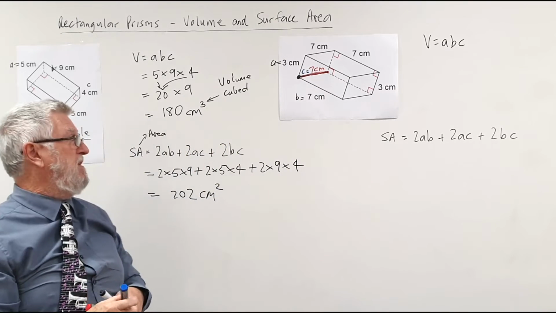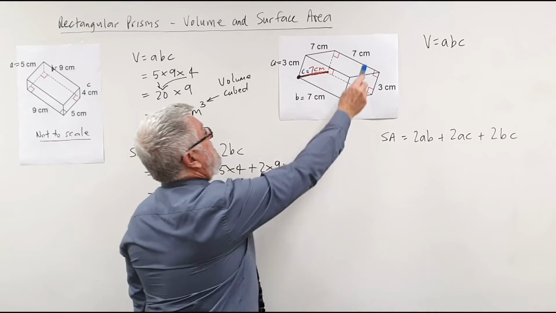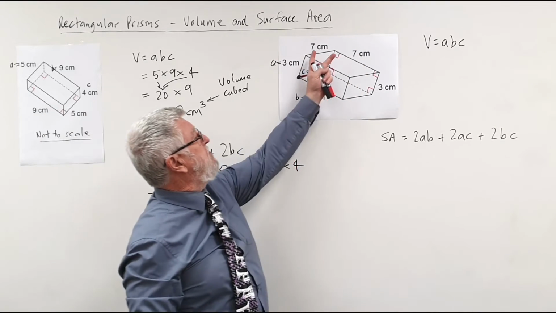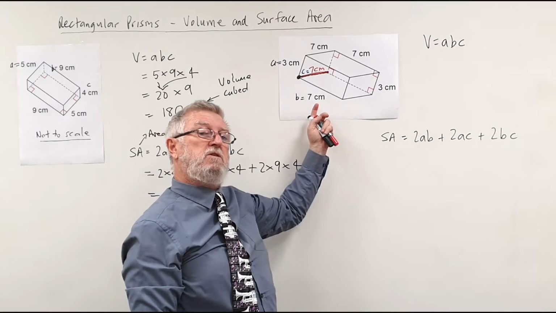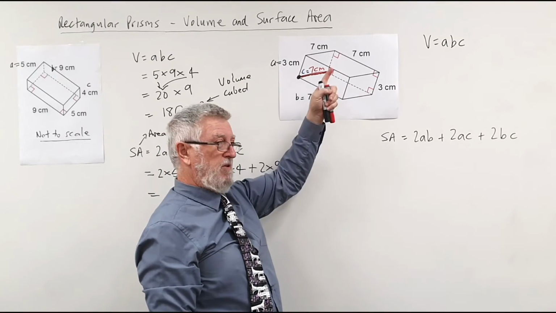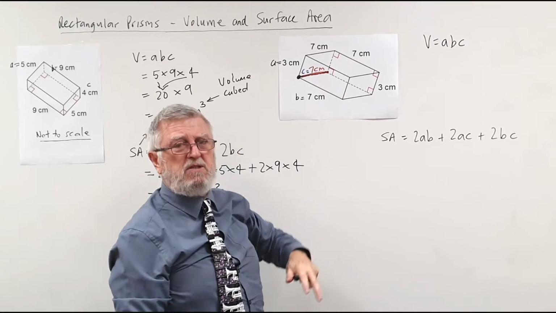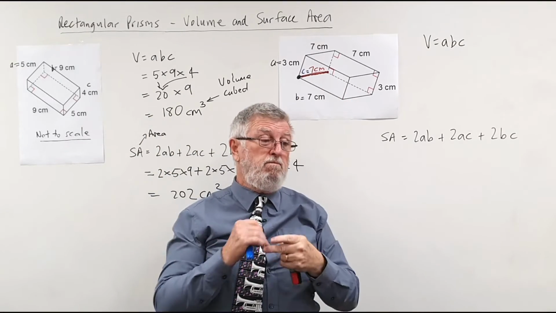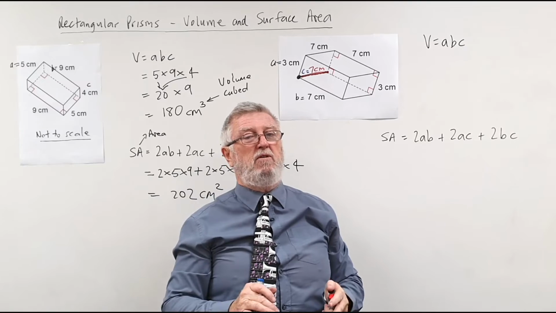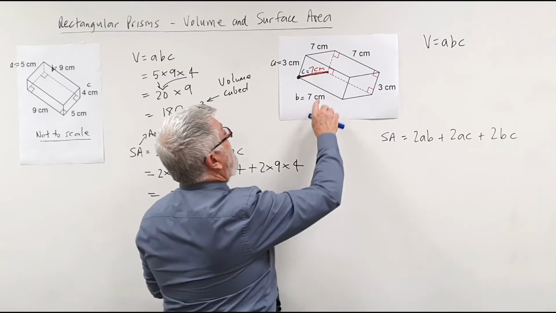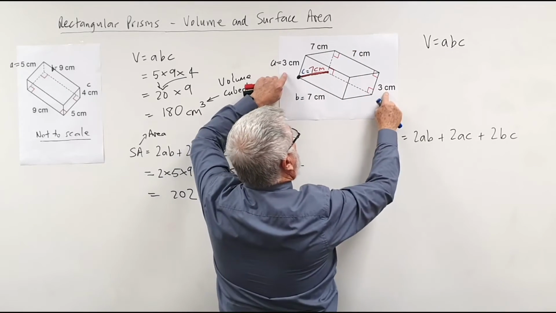Now some people watching this will look at it and they just know, oh, there's lots of 7s. If there's more than 2 7s, we know we're using 7 twice. So if I look at a lot of diagrams, you'll see some numbers turn up more than others. Probably in nearly every question you'll ever look at, you'll see that they'll have them written 3 times, whereas this one's only written twice.